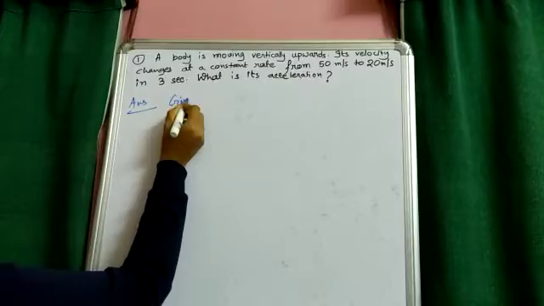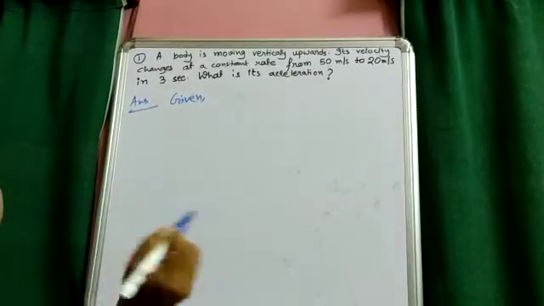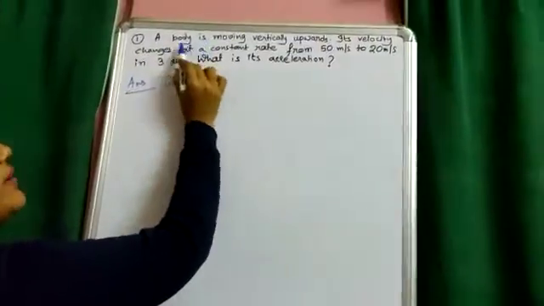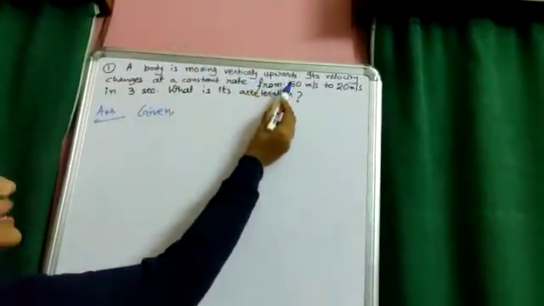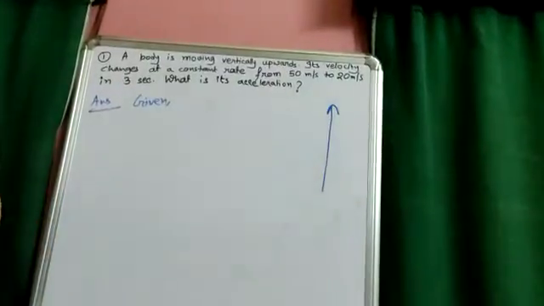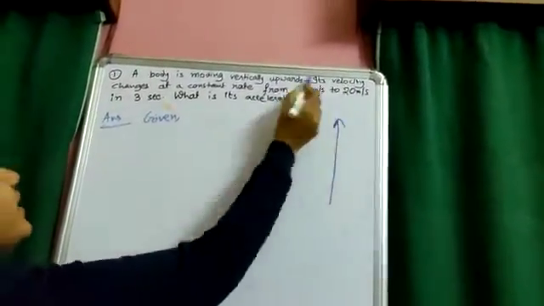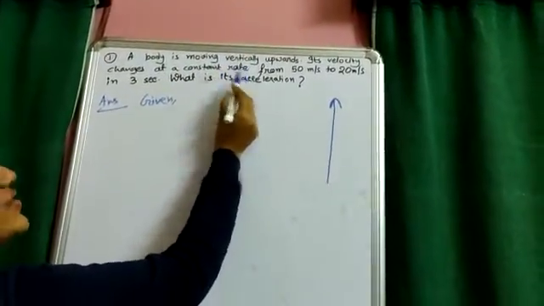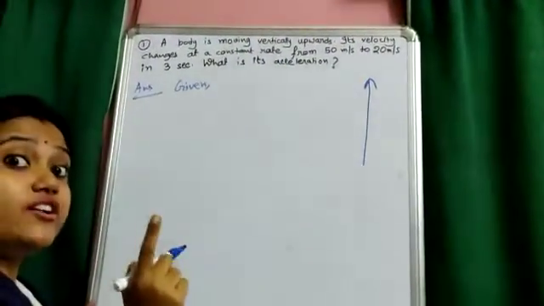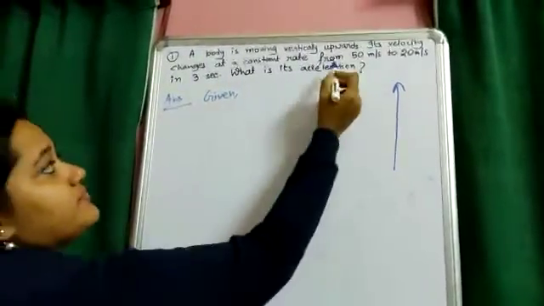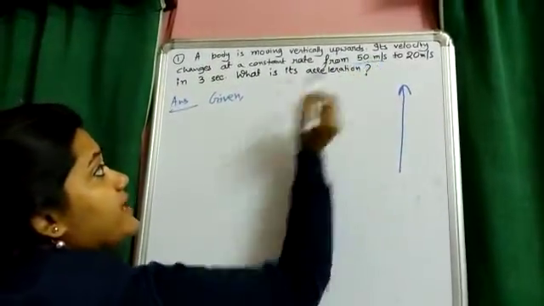What are the given data here? A body is moving vertically upwards. Its velocity changes at a constant rate, that is, the rate of change of velocity is constant, from 50 meter per second.